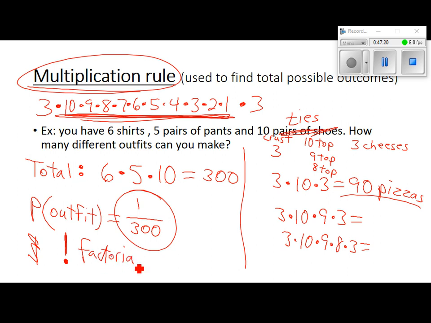When it says 5 factorial, and I think you have a factorial on your calculator somewhere, it just means you take that number times every number below it. So 5 times 4 times 3 times 2 times 1. So that's 5 factorial.